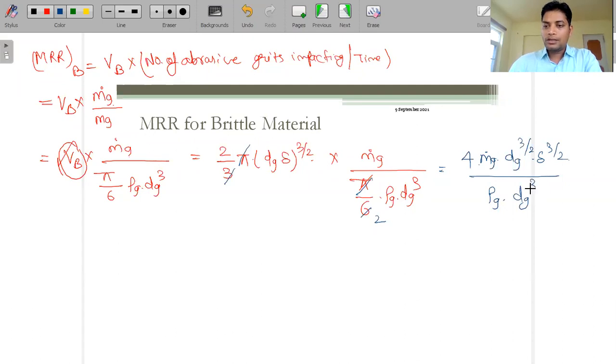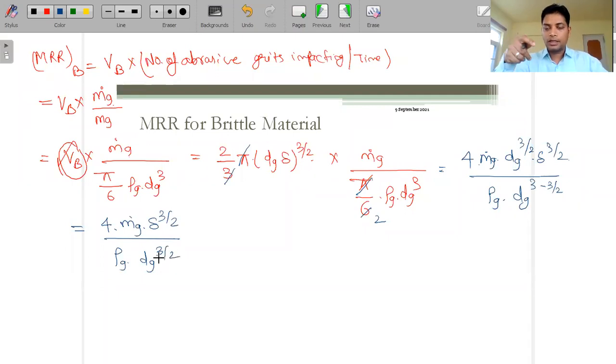So this is cube and this is 3 by 2, so when you bring it downside, it will become 3 minus 3 by 2. When you take the LCM, it will again become 3 by 2. So you can simply write this will be equal to 4 into m dot g into delta raised to 3 by 2 upon rho g into dg raised to 3 by 2.